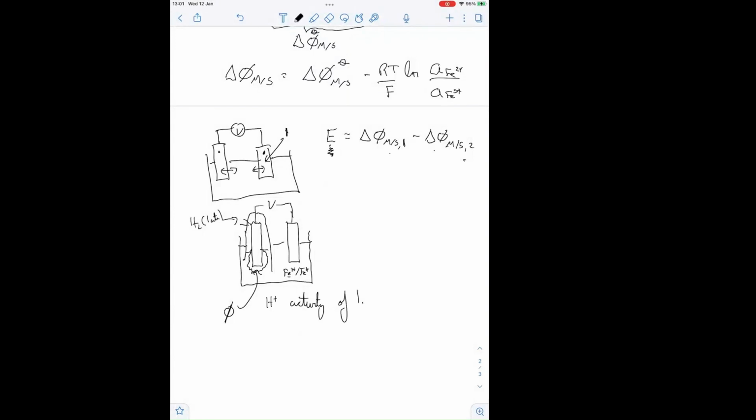And then the potential I can measure is the potential across the first interface, which I can write as the standard potential of Fe3+, Fe2+.